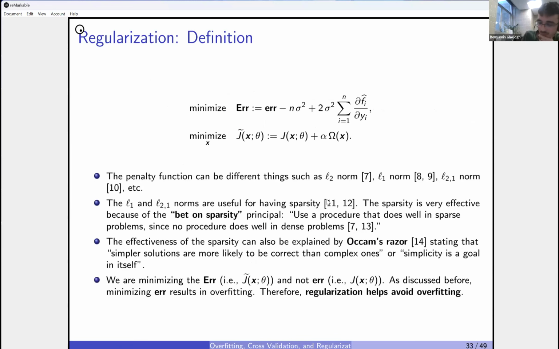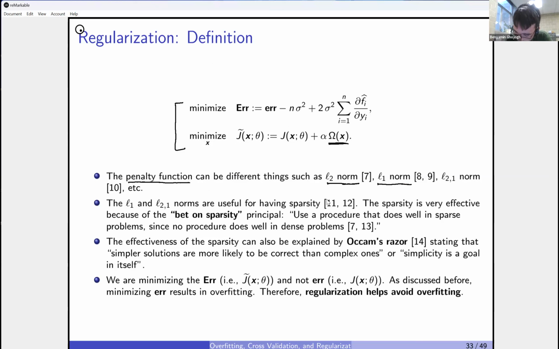Now, I'm repeating what we had here. The penalty function can be different things, such as the L2 norm or the L1 norm. This function, which is increasing with respect to complexity, can be the L2 norm. Why?